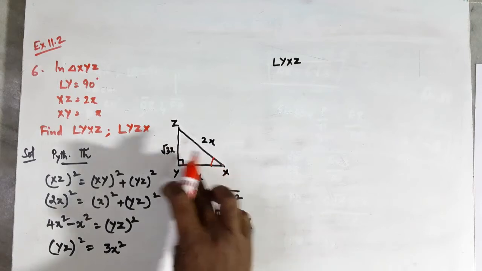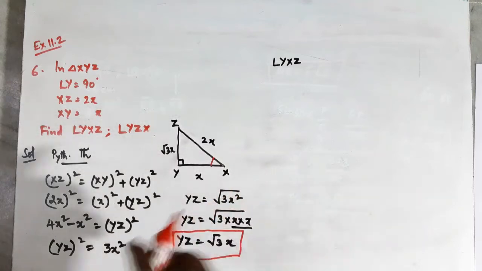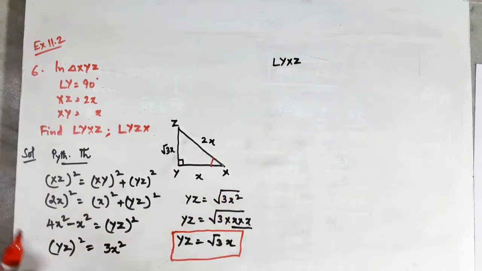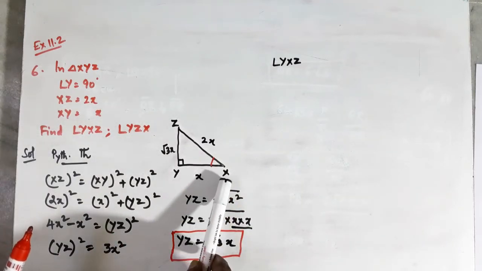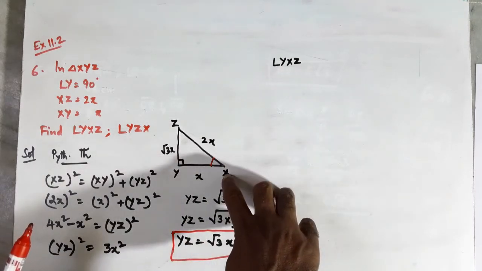For this angle I am considering these two values, or you can consider any values. So here for this one, tan x means angle YX, we are taking this side.